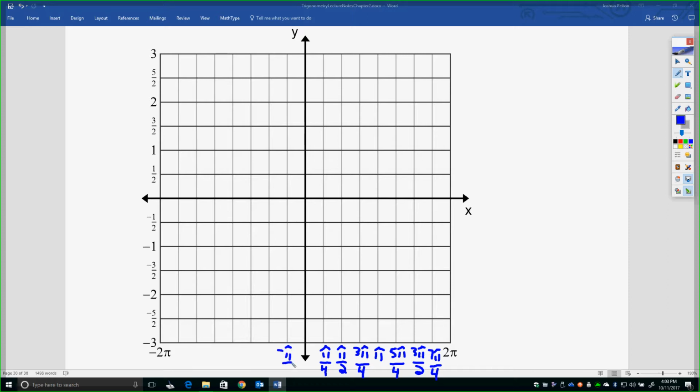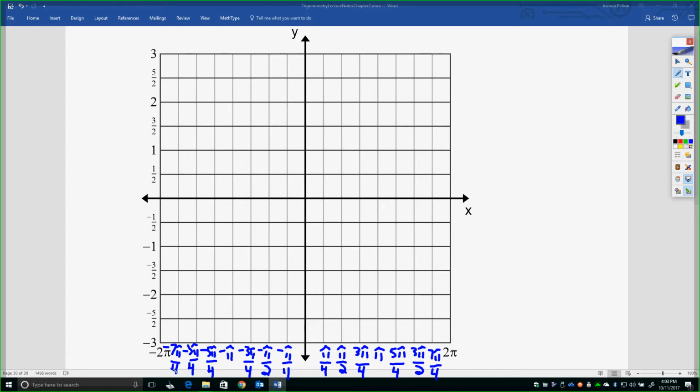Negative 1/4, negative 2/4, negative 3/4, negative 4/4, negative 5/4, negative 6/4, and negative 7/4. And negative 8/4, of course, negative 2 pi.